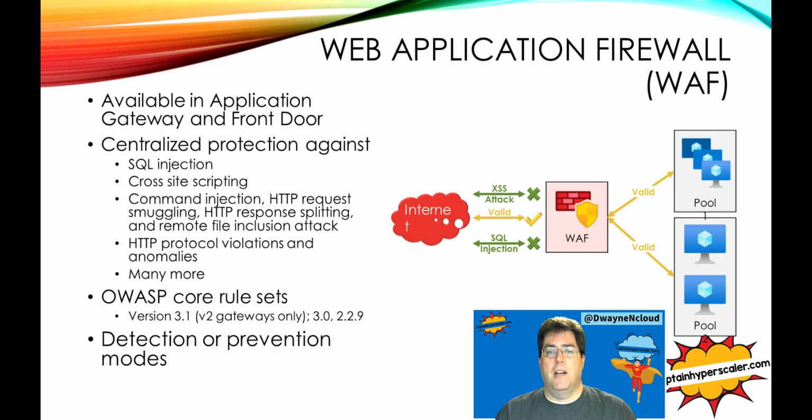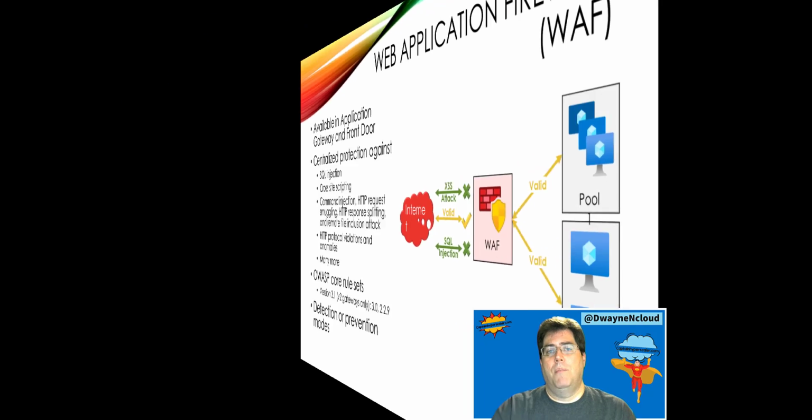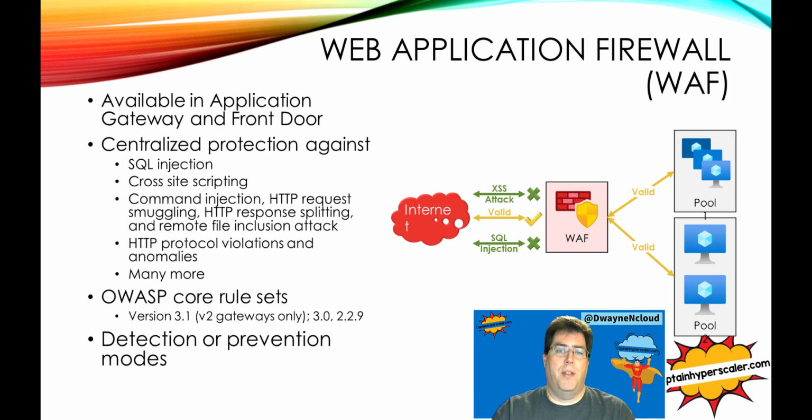So it provides another layer of protection very similar to what an Azure firewall does from a network layer protection standpoint. The web application firewall works higher up on that OSI model at the higher level application layers rather than from a standpoint of a layer 1 to 4 type device.